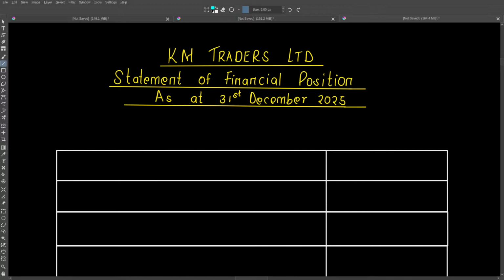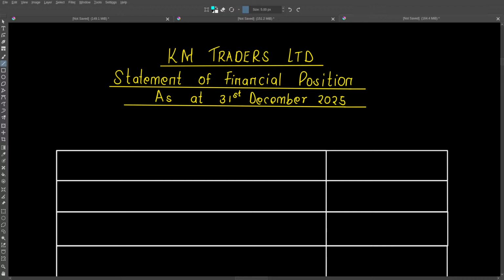Okay. So as I was saying, for the statement of financial position, that is the balance sheet, basically we have to look at 3 sections. That is the assets, the liabilities, and equity. What are assets? Assets is anything that has an economic value. It is an economic resource.